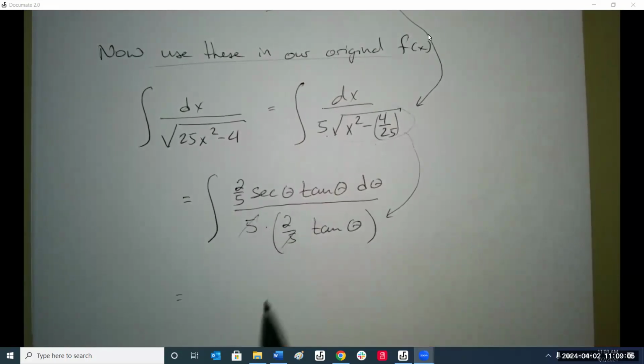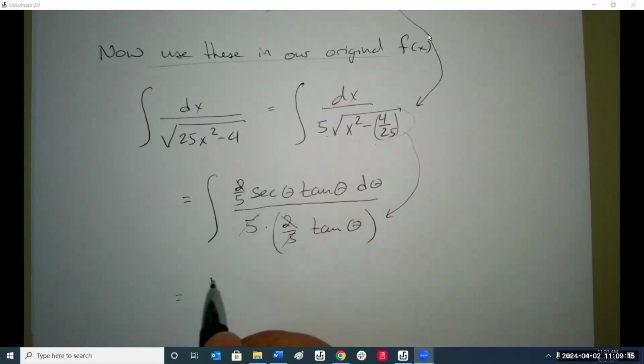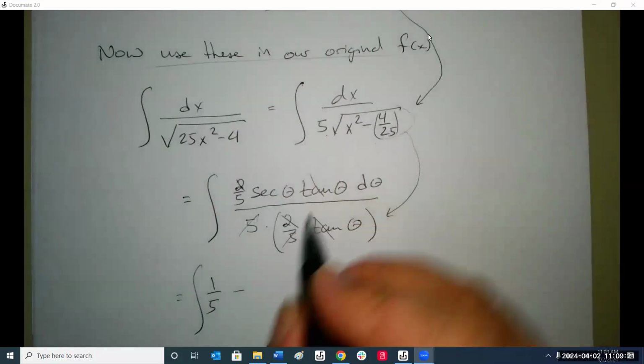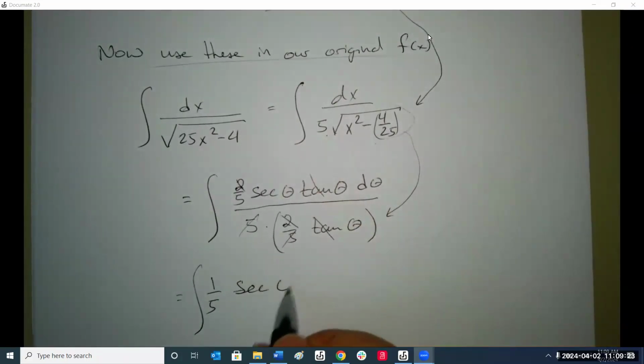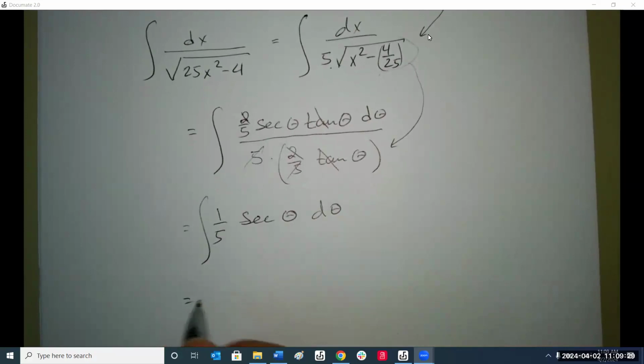Okay, so the 5's cancel there. The 2's cancel, so we have 1/5. Tangents cancel. Which is equal to 1/5.